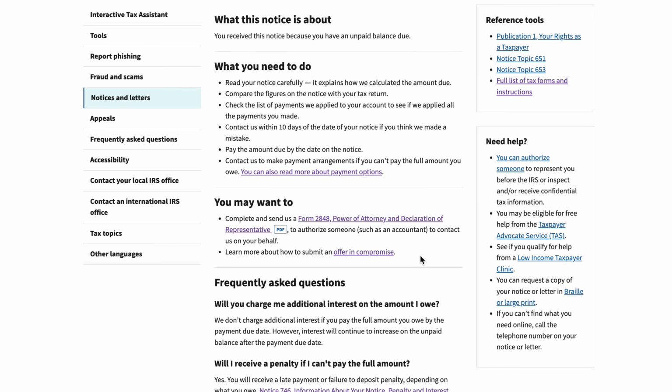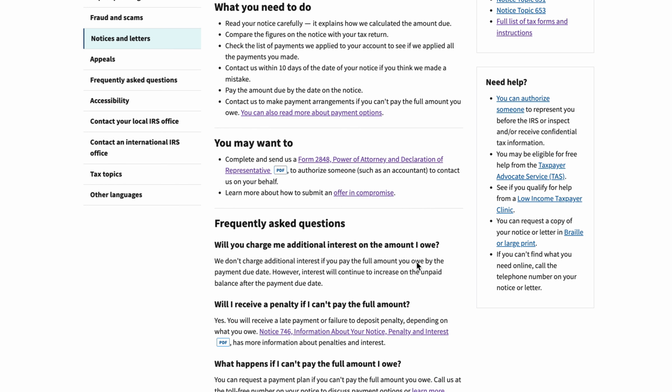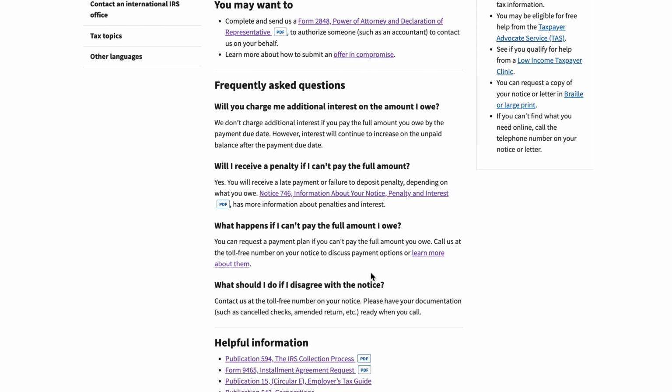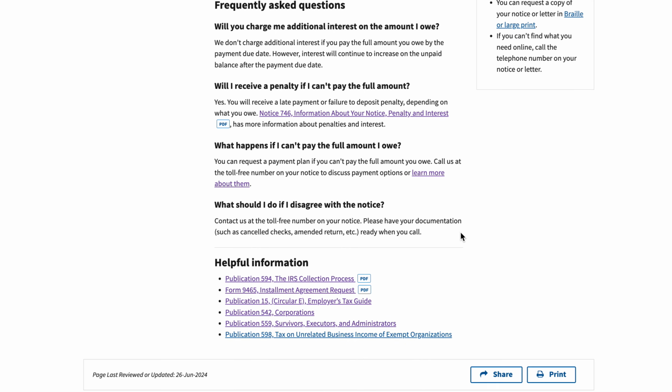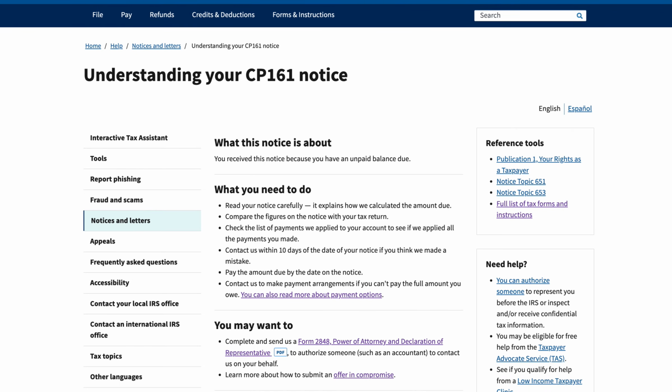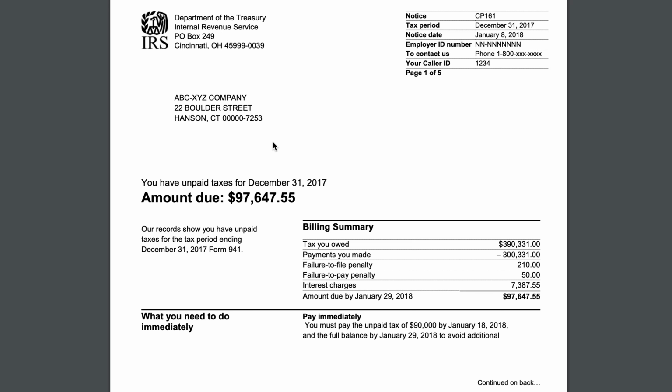You can also appoint someone to represent you in dealings with the IRS on the power of attorney form known as IRS Form 2848. I'll put a link in the show notes to the resources about that. And then there's some more frequently asked questions as well as links to resources on the IRS website. So I think that covers everything that I had planned to discuss about CP Notice 161 concerning IRS Form 941.